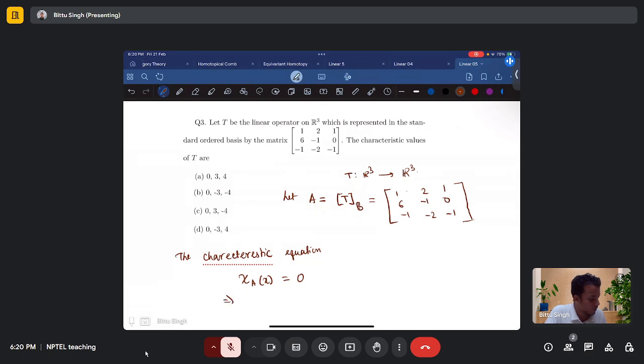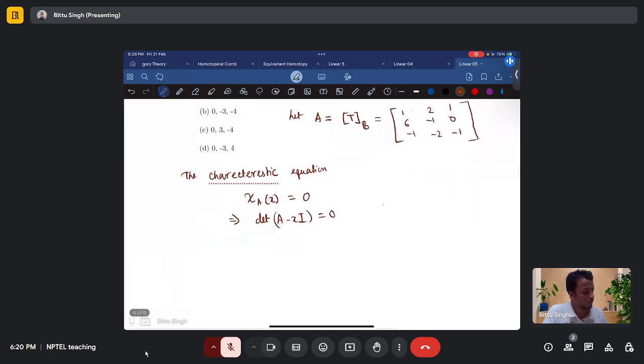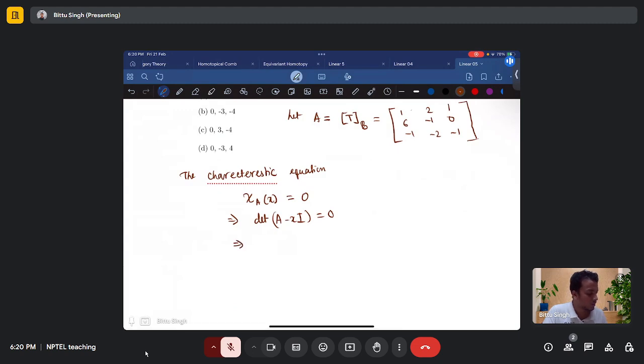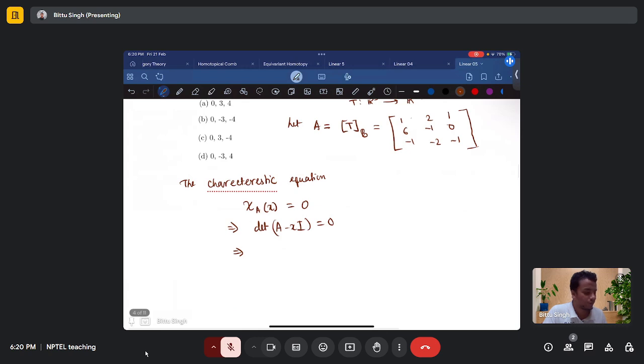It can be explicitly written as determinant of A minus xI equal to 0. So we need to find the determinant of A minus xI.